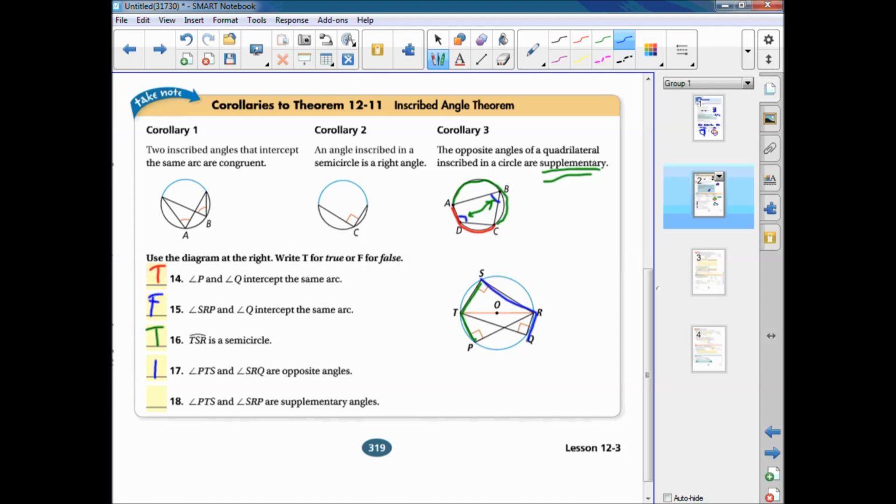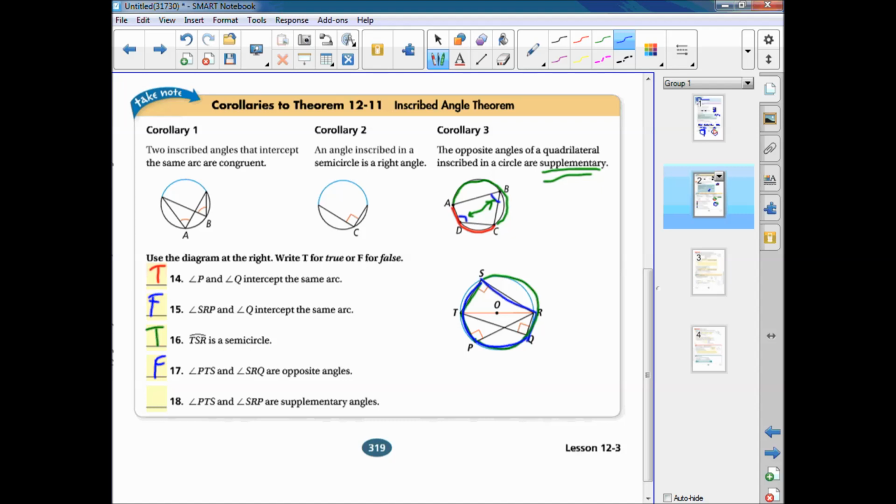These are not opposite angles. If they're going to be opposite angles, then their arcs should cover the whole circle with no overlap. This guy's arc, the green one, goes like this, and the blue one's arc would go like this. And those have overlap. They do cover the whole circle, but they overlap.